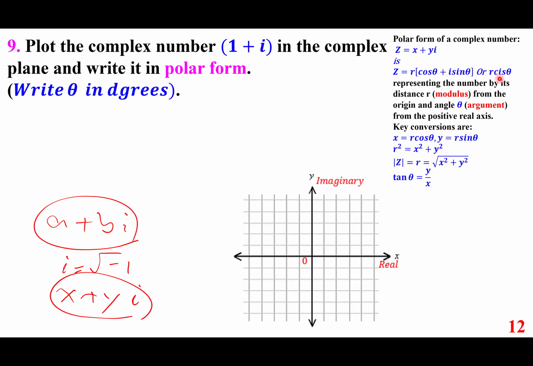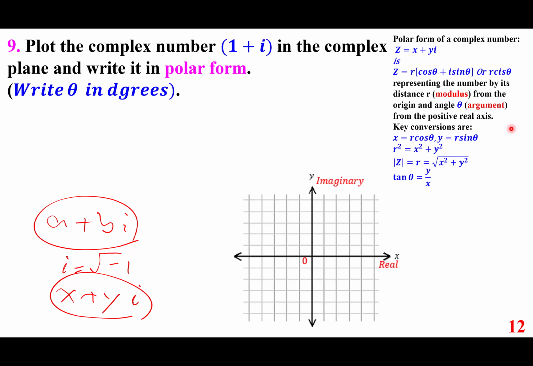And here's the shorthand notation, r cis theta. C stands for cosine, i of course is i, and s stands for sine and theta. So this is a shorthand notation of the same thing. We represent the number by its distance r, known as the modulus, from the origin, and the angle theta, or the argument, from the positive real axis.